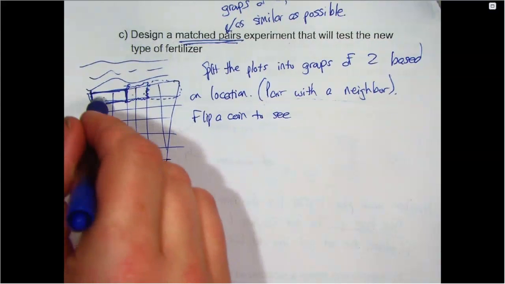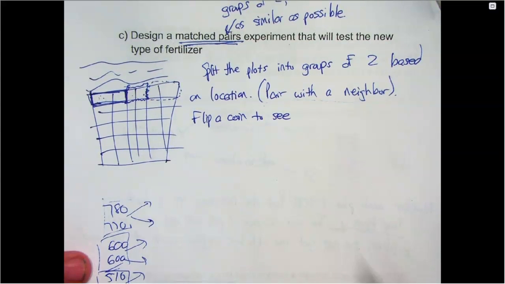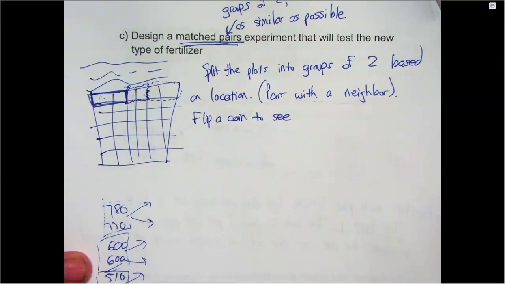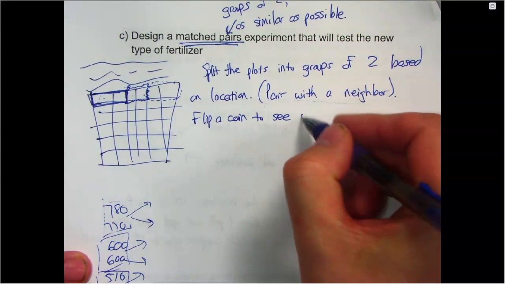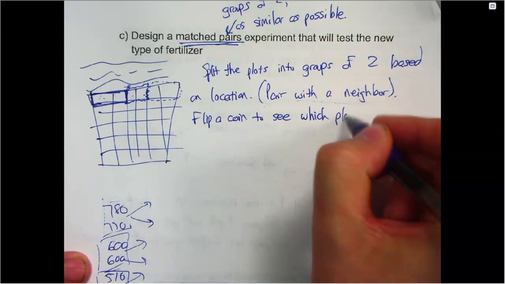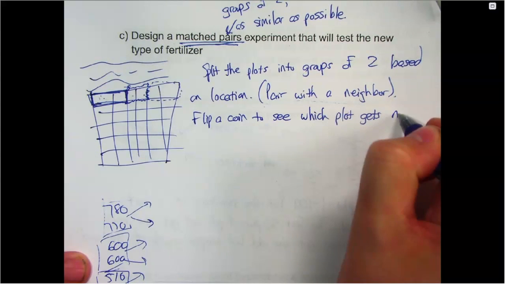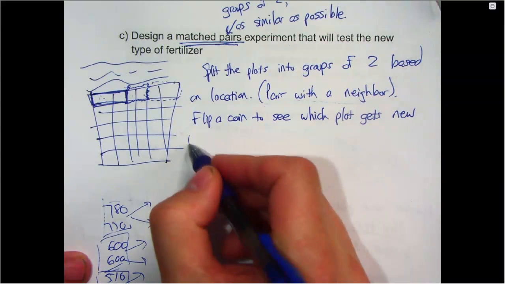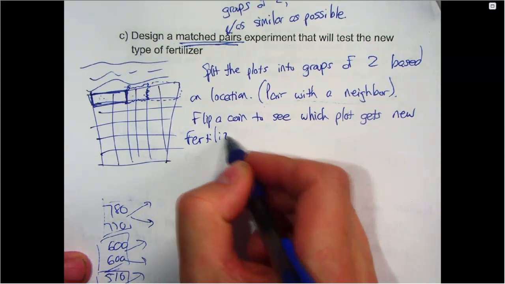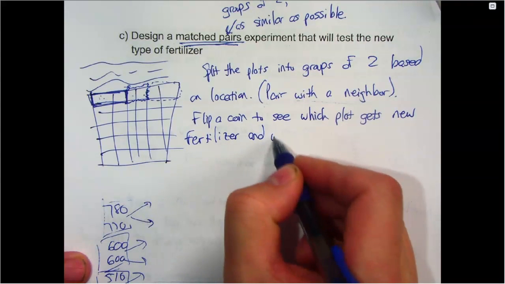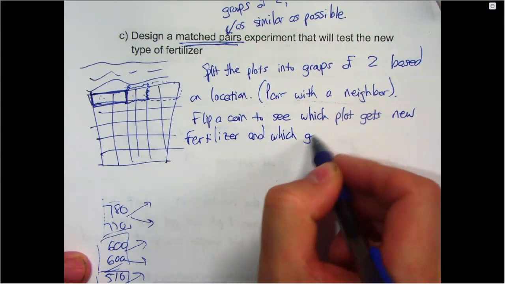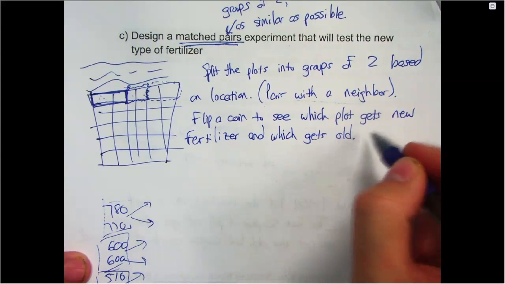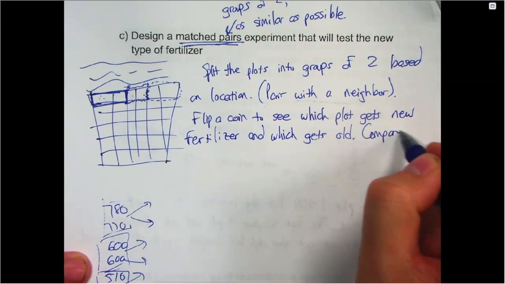It's got to be randomly assigned which one gets the new and which one gets the old. Flip a coin is random. Flip a coin to see which plot gets new fertilizer and which plot gets old. And then we compare growth at the end.